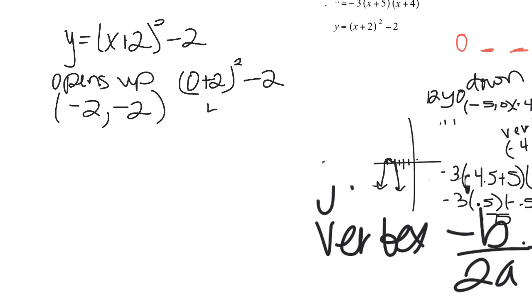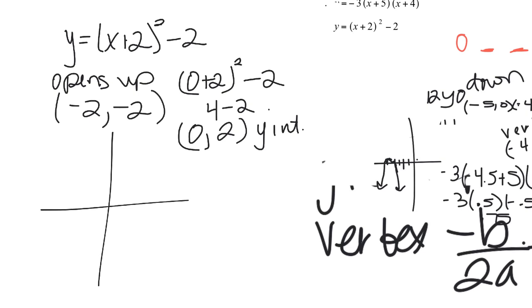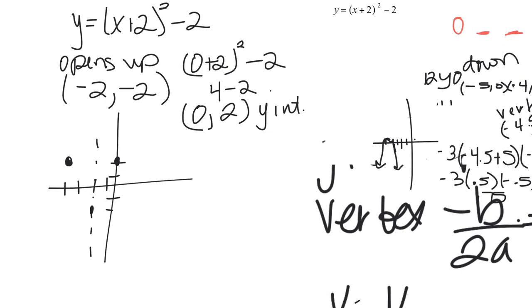So 2 squared is 4, so (0, 2) is my y-intercept. That information, let's see, -2 is my vertex. It opens up, it crosses the y-axis at positive 2. So my axis of symmetry is here, so I have another point on this side at positive 2, 2 away from the vertex, and that gives me my parabola.